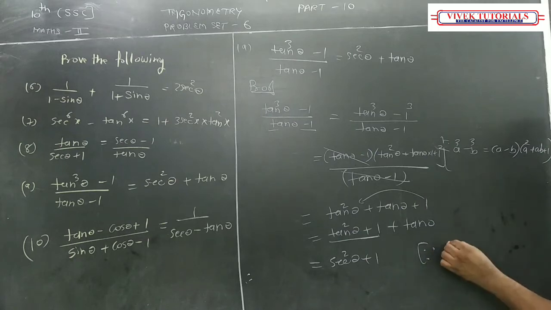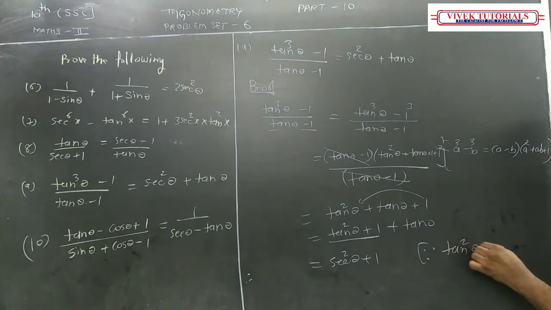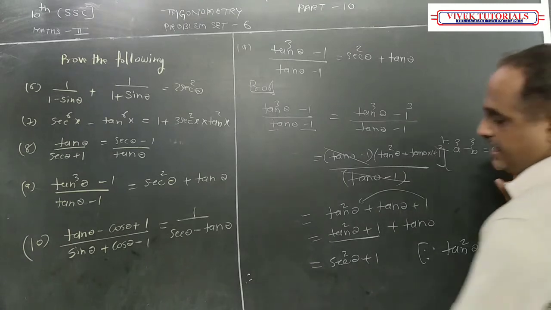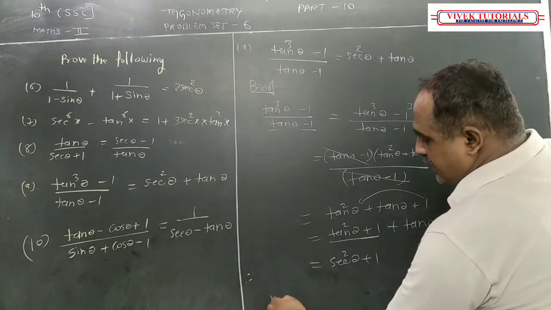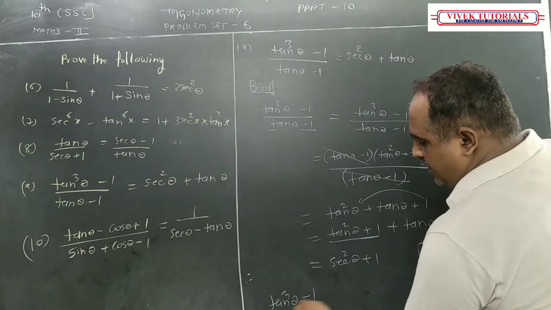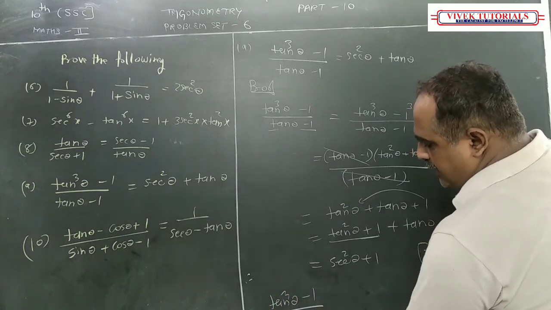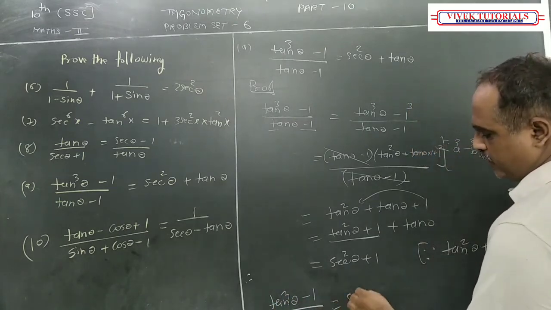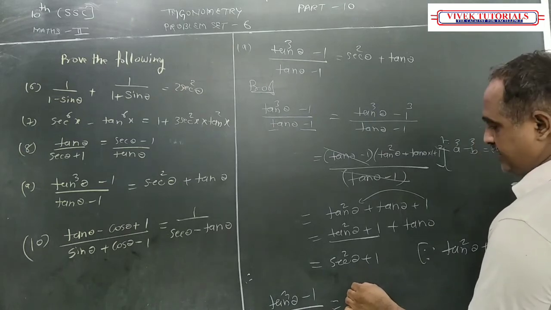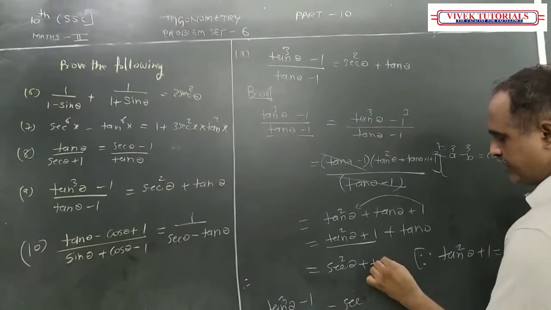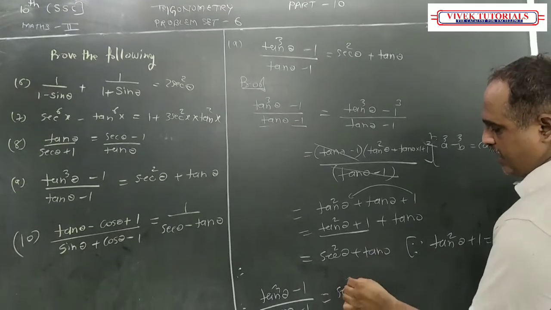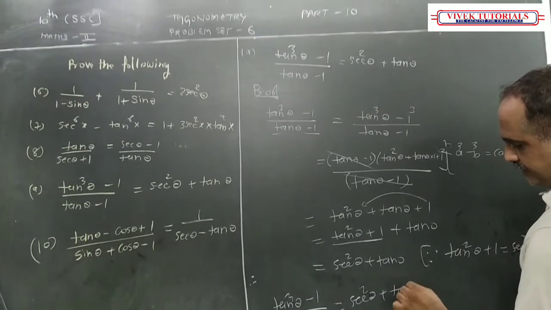The reason for this is the formula tan square theta plus 1 is equal to sec square theta. Therefore, tan cube theta minus 1 upon tan theta minus 1 is equal to sec square theta plus tan theta.